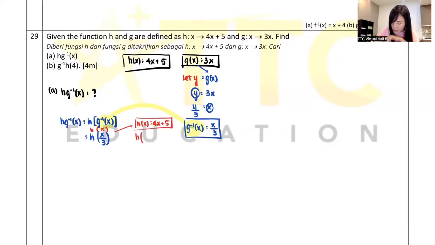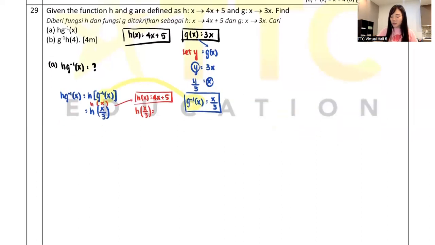But now you're doing h of x over 3, so the x here also becomes x over 3. So now you can write 4 bracket x over 3 plus 5. The rest is math. So open bracket, 4 times x, 4x over 3 plus 5.